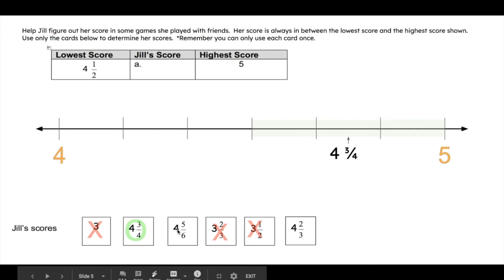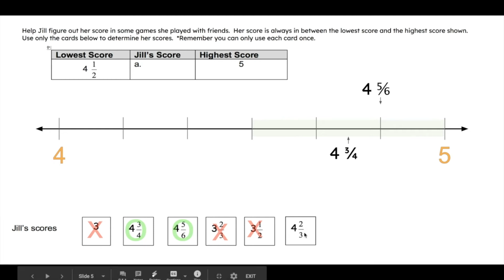Now we need to find 4 5/6. Here's 4, 4 1/6, 4 2/6, 4 3/6, 4 4/6, 4 5/6. Here it is right here. It also is in the green spot. It's more than 4.5, but less than 5. This answer also could work. Jill's score for letter A could be 4 5/6.